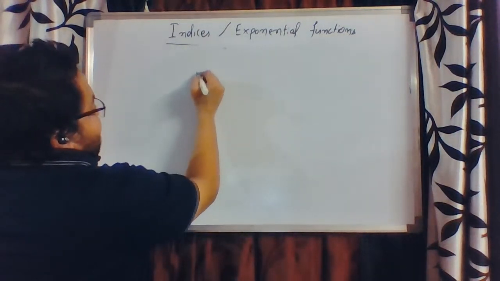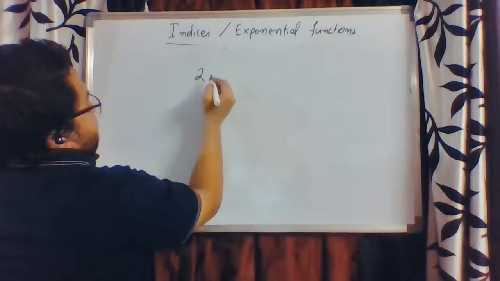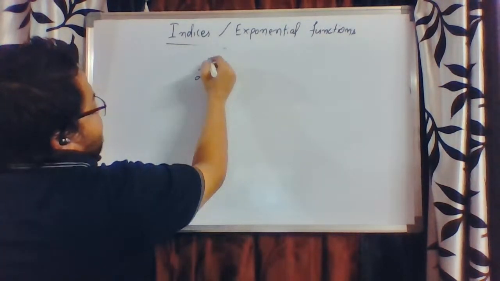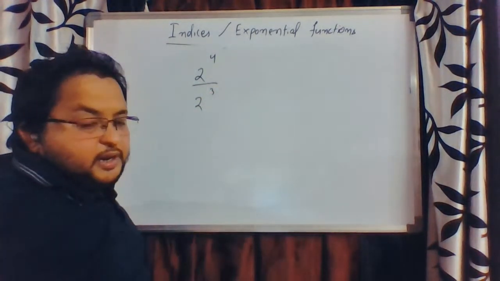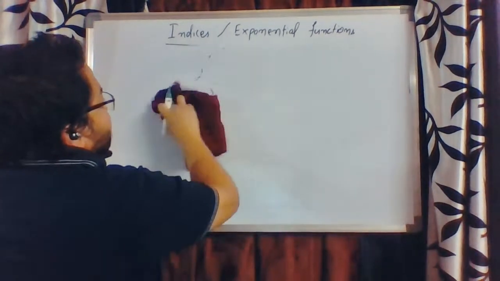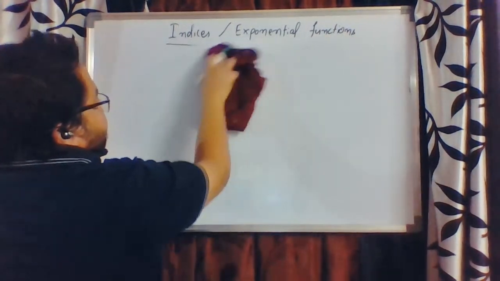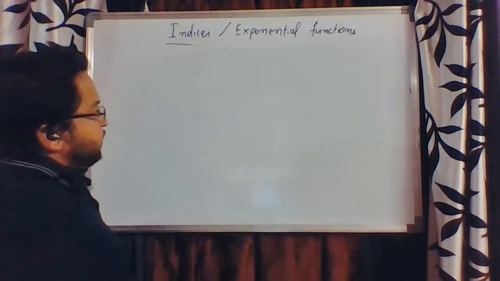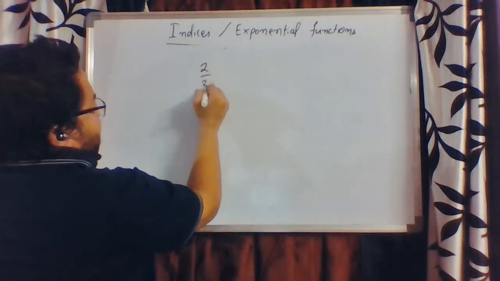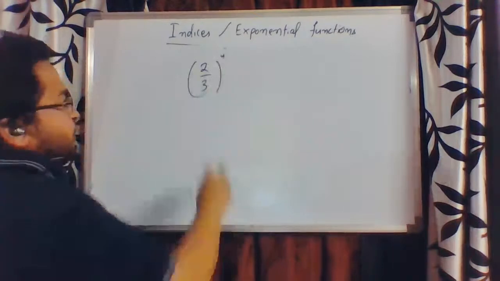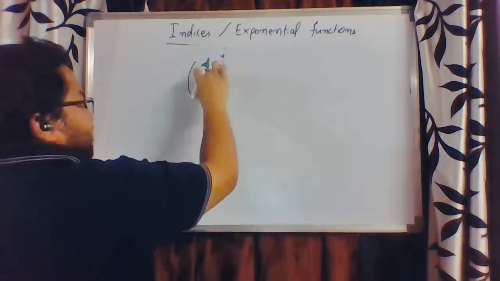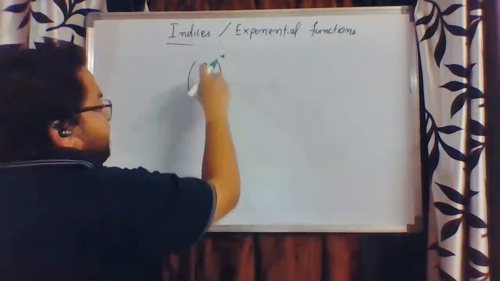Suppose we had seen 2 to the power 4 by 2 to the power 3. Now suppose I had 2 by 3 to the power 4, right? So rather than having the same base raised to a particular index by something else.